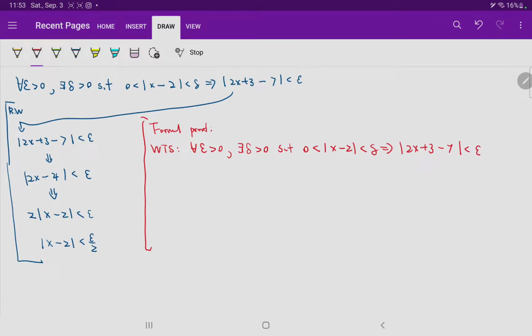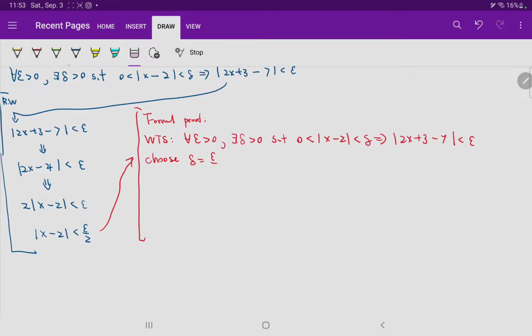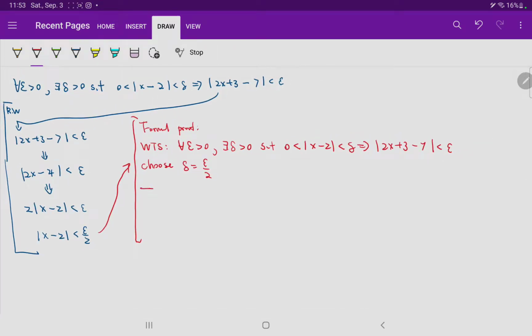And then, from our rough work, we want to choose delta to be equal to epsilon over 2. So let's let that be one of our assumptions.